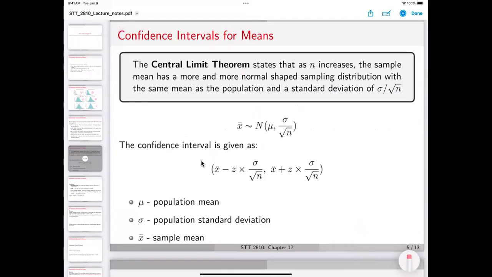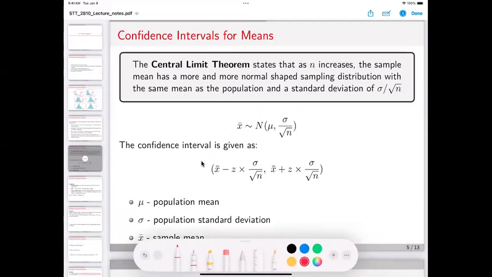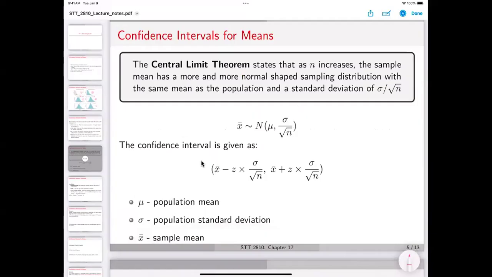This is the formal definition of the central limit theorem. It states that as n increases, where n is the sample size, the sample mean has a more and more normal shape distribution.